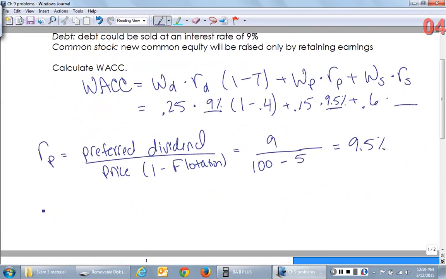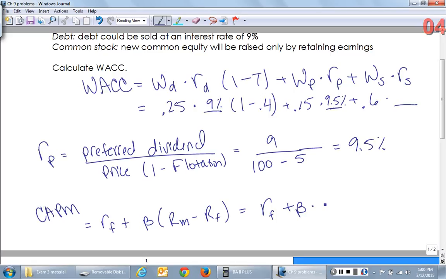We can use the capital asset pricing model to do this, where the cost of the common stock would be equal to the risk-free rate plus beta times the market risk premium, which is the market return minus the risk-free rate. So the risk-free rate plus beta times the market risk premium. It's also written MRP sometimes, market risk premium.